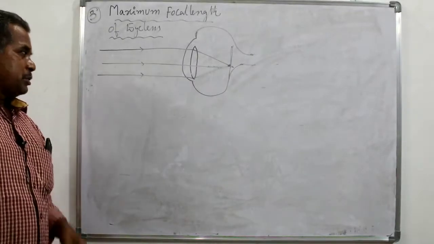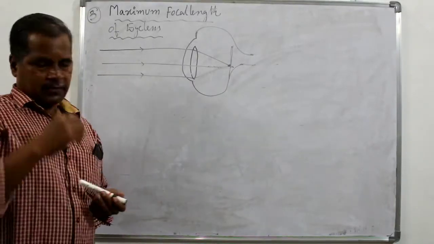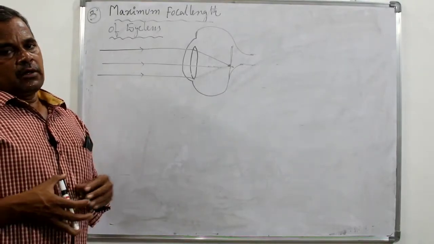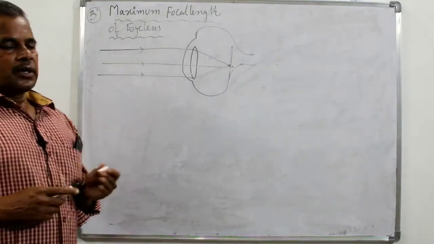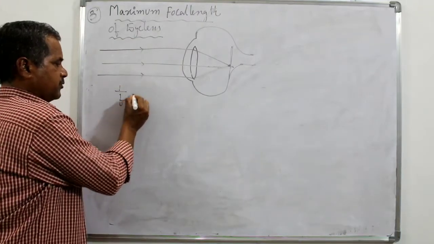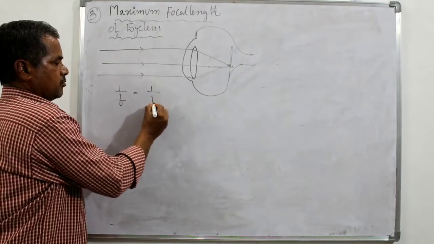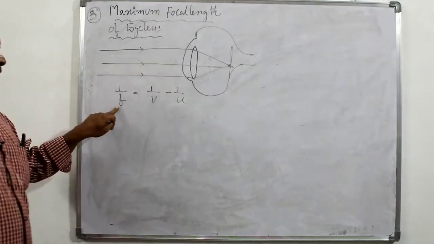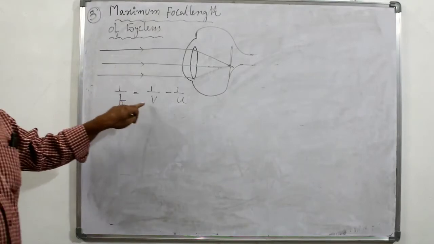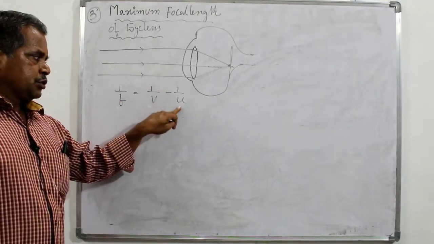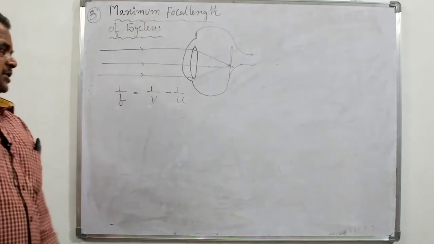Here, by using the lens formula, we can find the maximum focal length of the eye lens. What is the lens formula? 1/f = 1/v - 1/u, where f is the focal length of the lens, v is the distance of the image, and u is the distance of the object.